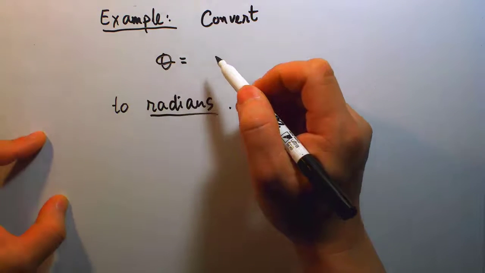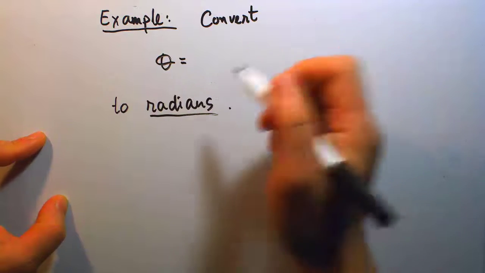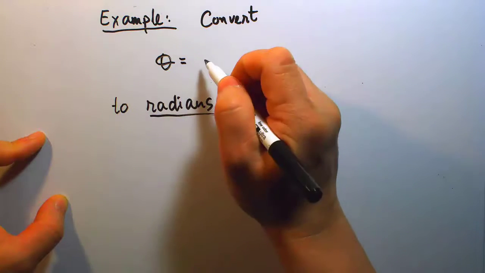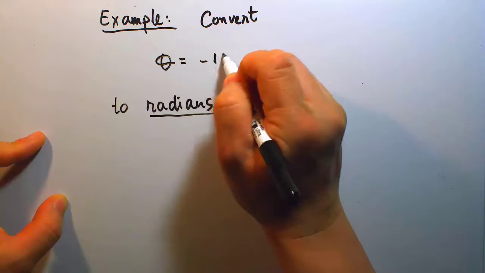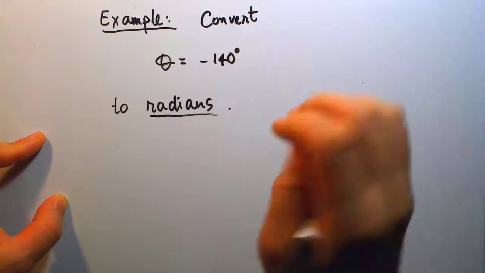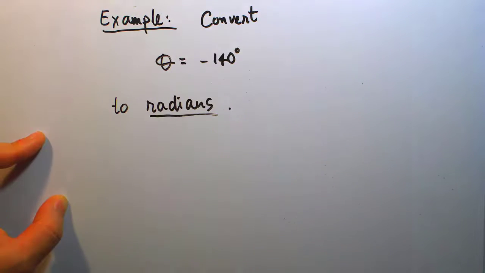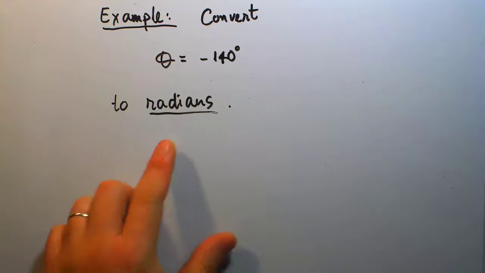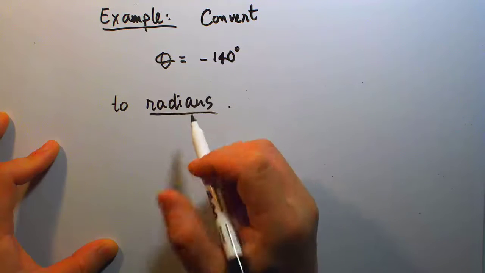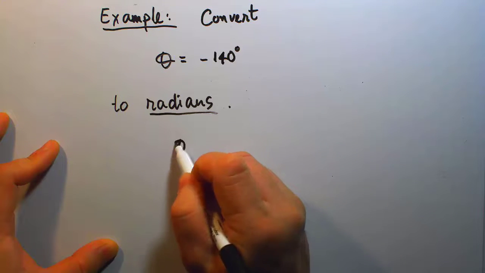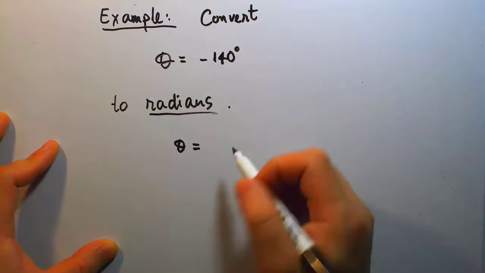What about when the angle is a negative angle? Let's say theta is equal to negative 140 degrees, and we want to convert this into radians units. Once again, what matters here simply is to use the formula.